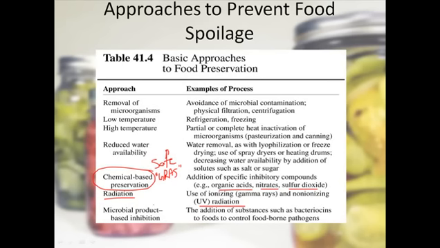And we have microbial product based inhibition. So you can use different products, for example the addition of substances such as bacteriocins. Bacteriocins are proteins which can make holes in the bacterial cell, and thus can kill bacterial cells in minutes. We can use these different bacterially produced materials. So bacteriocins are actually produced by other bacterial cells. I can use these bacteriocins to preserve foods.